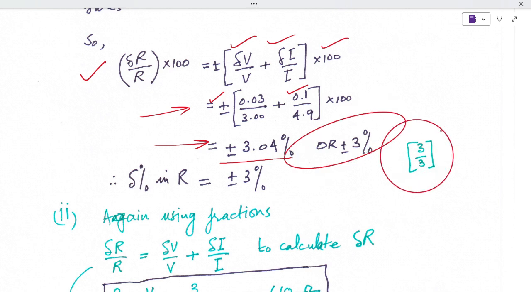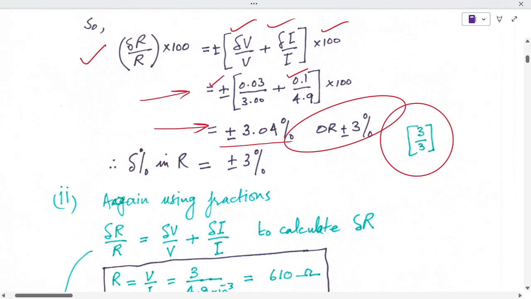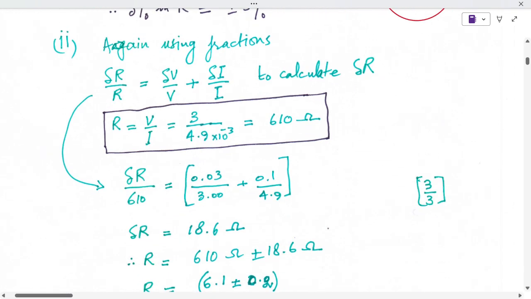Going on to part 2, we have to work out the uncertainty in the resistance, not the fractional uncertainty and not the percentage uncertainty which we have calculated above.